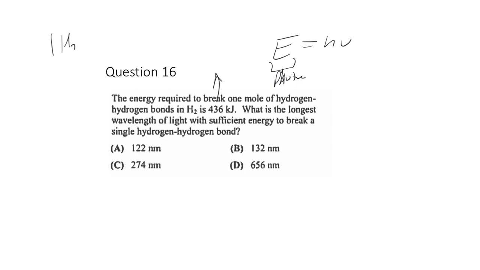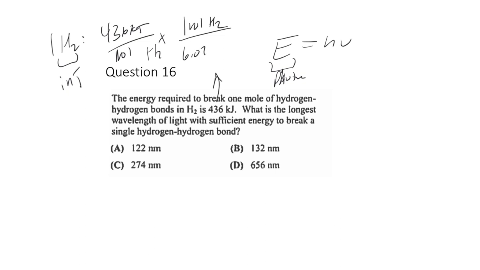So for 1 H2 in joules, this would look like 436 kJ per mole times, sorry, wrong way, 1 mole of H2 is 6.022 times 10 to the 23 H2 molecules.